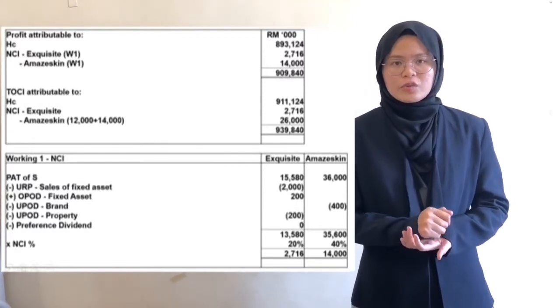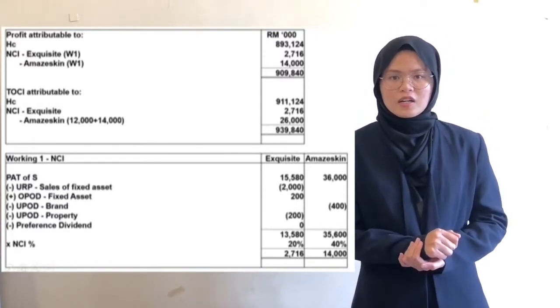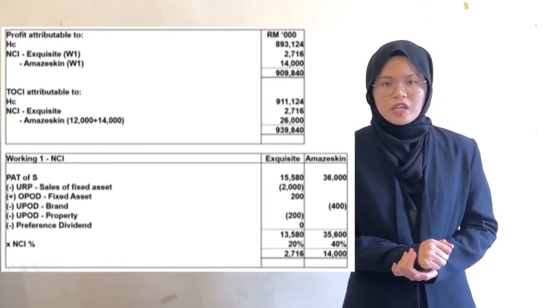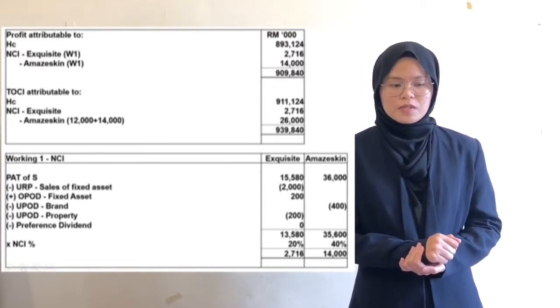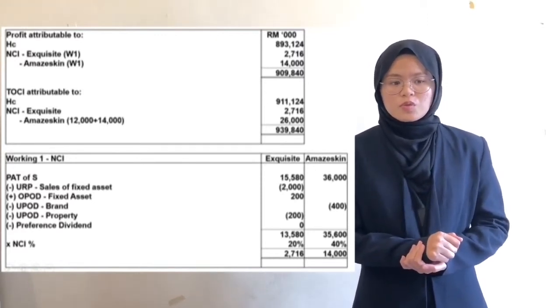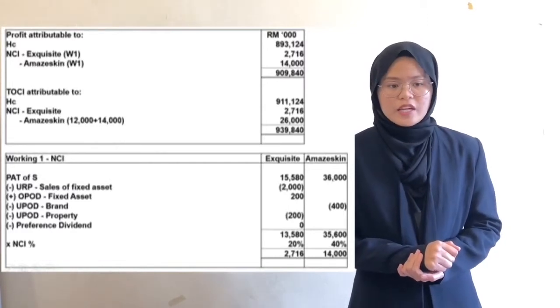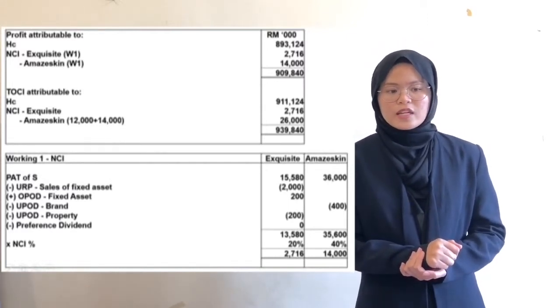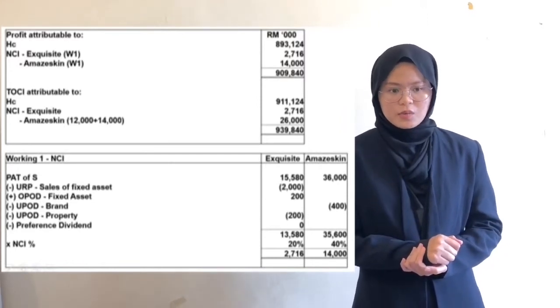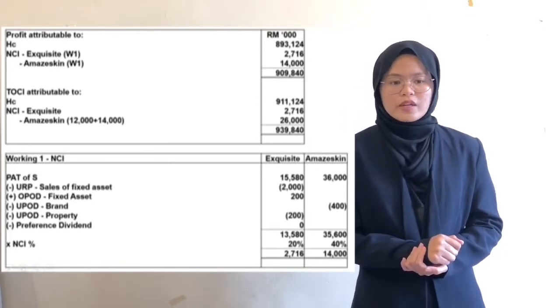So after we arrive at the total for Exquisite, 13.58 million, we need to times it by the percentage of NCI, which gives 2.716 million, and for MSC Skin we will get 3.6 million times the percentage of NCI, which is 40%, and we will get 40 million.